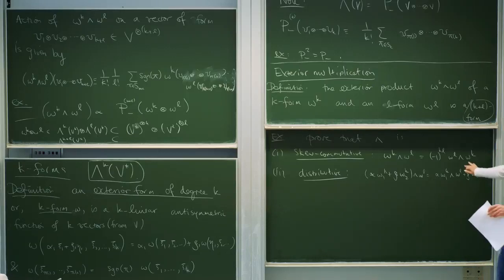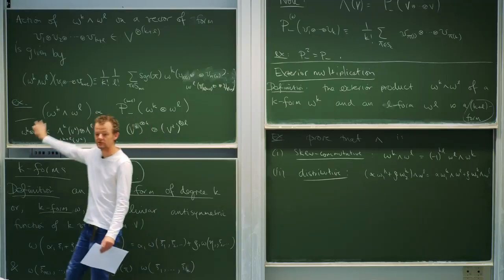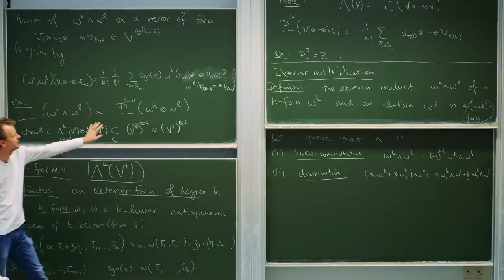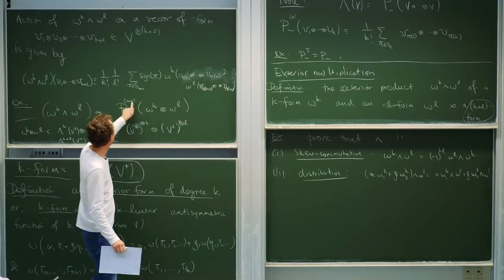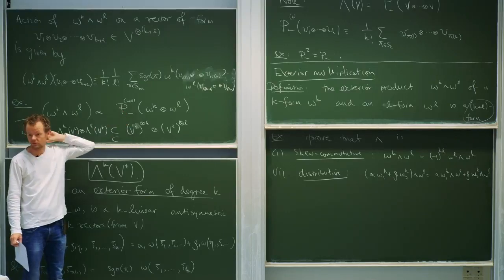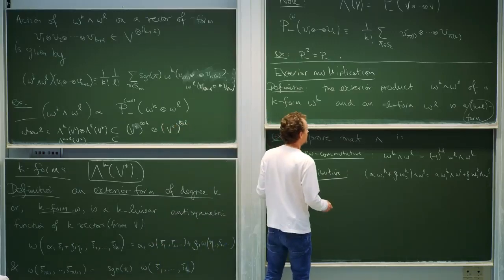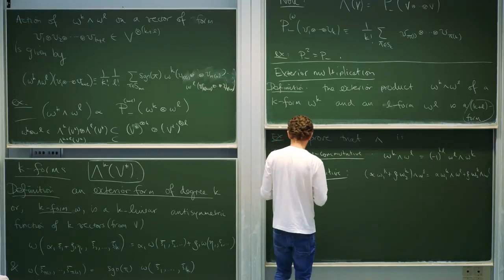Okay, these two are already pretty straightforward once you know this little result of this exercise here. Exchanging this tensor factor with that factor is going to pick up a minus sign thanks to this projection operation there, depending on the dimensions of K and L. And the third exercise is that it's associative.